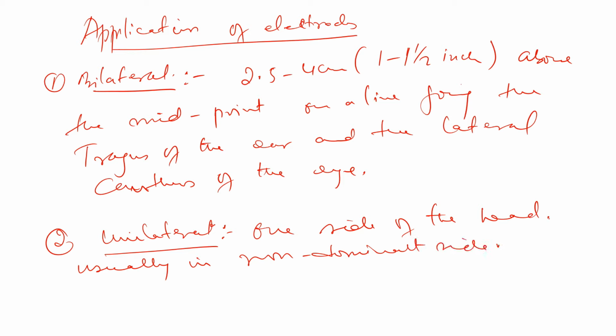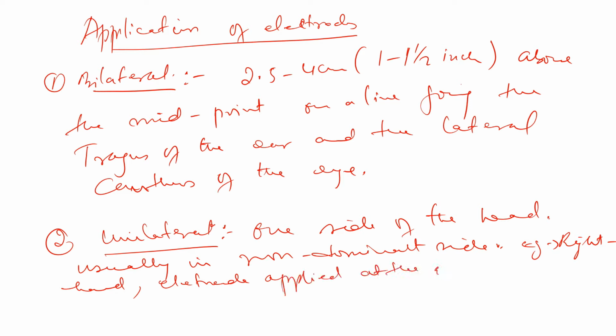For example, in a right-handed person, the electrodes will be applied at the right side of the head, or in case of a left-handed person, the electrodes will be applied at the left side of the head.